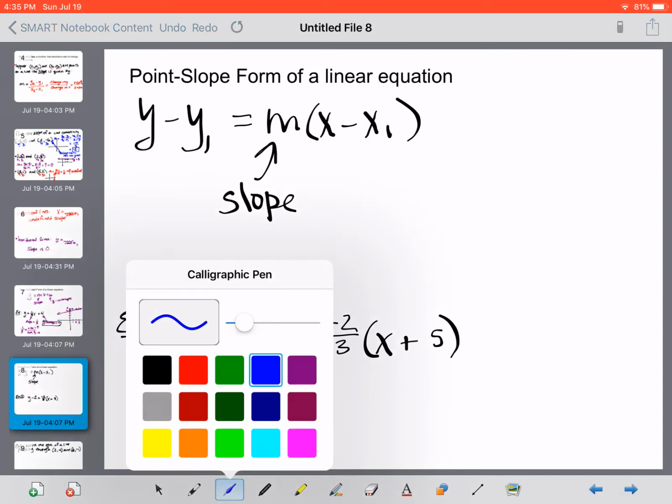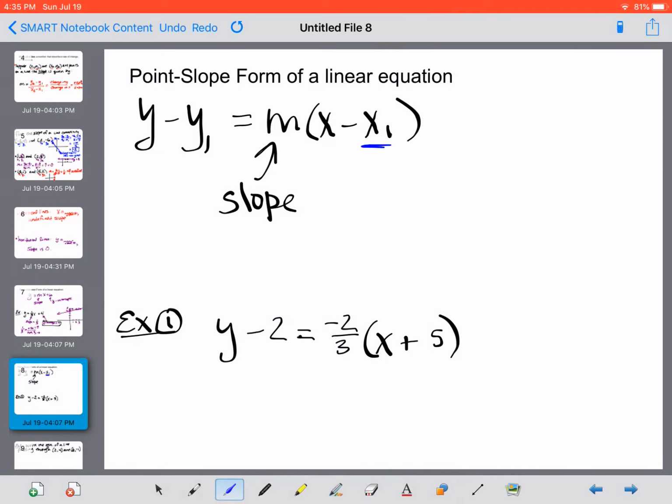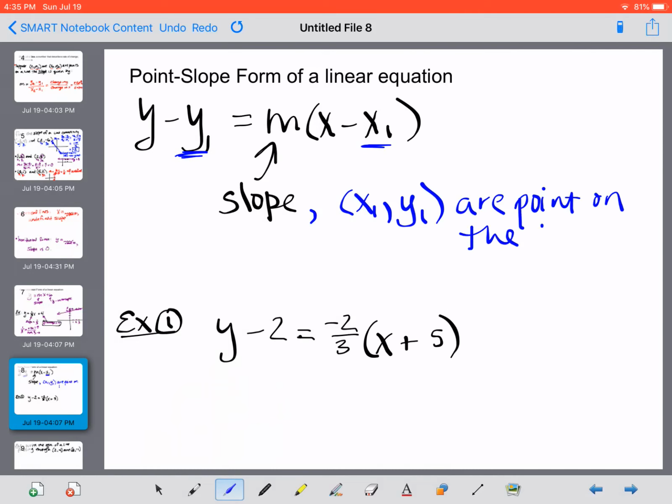And these other two values, x1 and y1, these are going to be real numbers, and they're going to represent a point on the line. So x1, y1 is a point on the line.